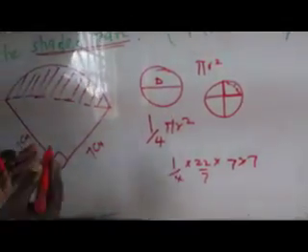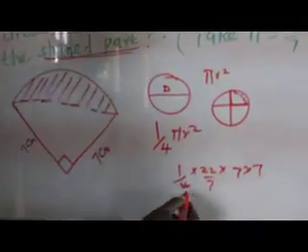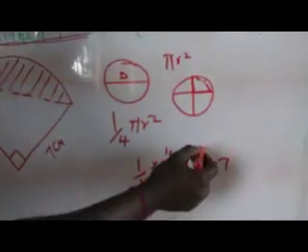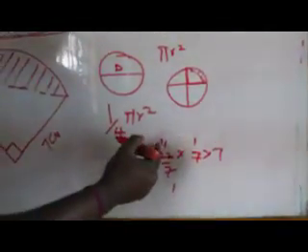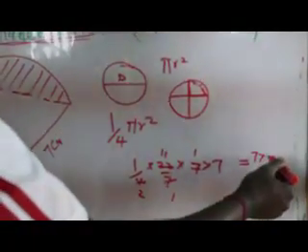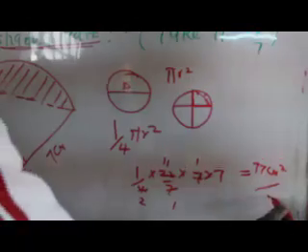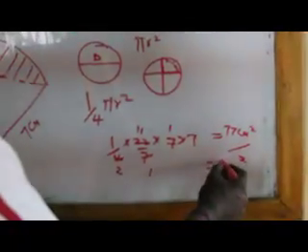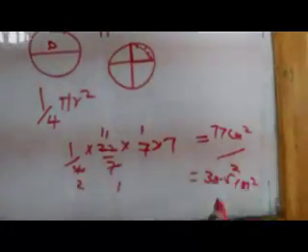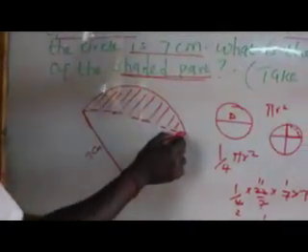Here we are going to deal with the numbers. 2 by 2, 2 by 2, 11 by 7, 1 by 7, 1. 11 times 7 is going to give us 77 centimeters squared, then divide by these 2, whereby you are going to get 38.5 centimeters squared. That is the area of this quarter of the circle.